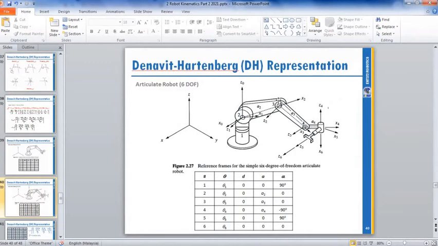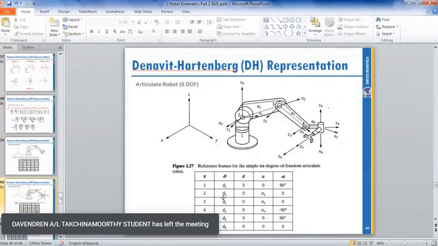And then you have rotation on joint 3 because this is a revolute. So you have theta 3. This is Z. So that's why your rotation is on theta, not alpha.